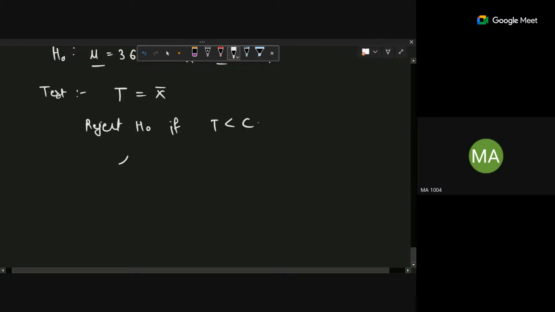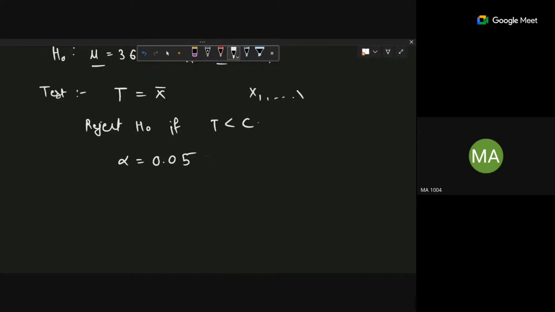Okay, so alpha was 0.05. And how many samples have they studied? So x1 to x100, 100 samples they have studied, and the standard deviation S is 4, right? For this particular sample of 100.